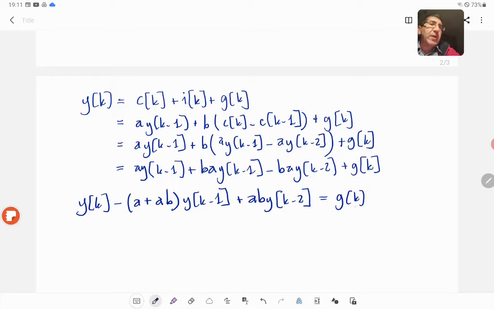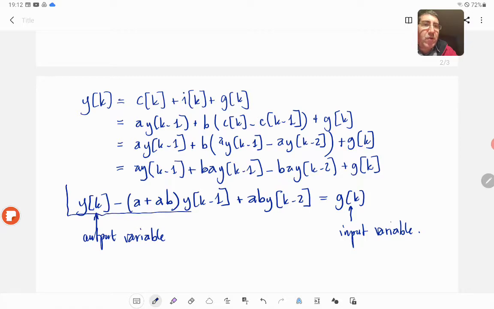Okay, so you see, this is our output variable, and this is our input variable. And you see, in a very similar way that you have a differential equation of higher order, we have a difference equation of a higher order.